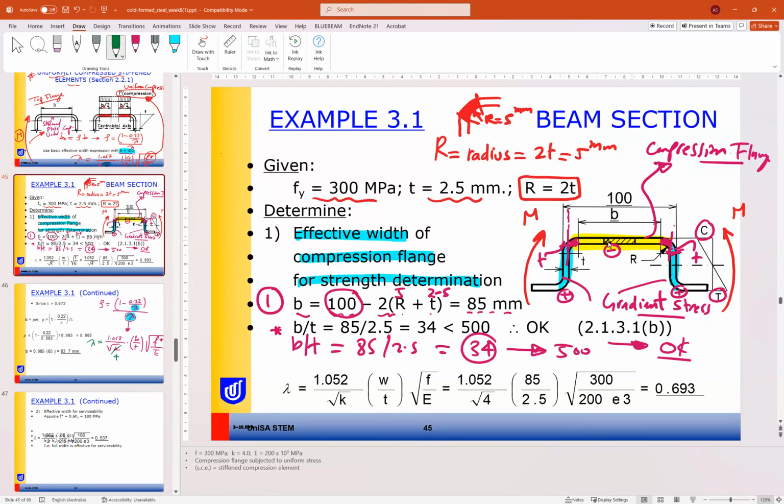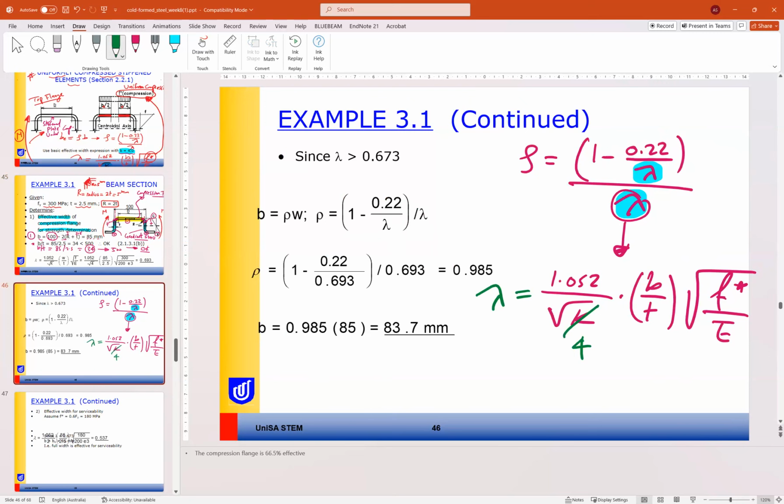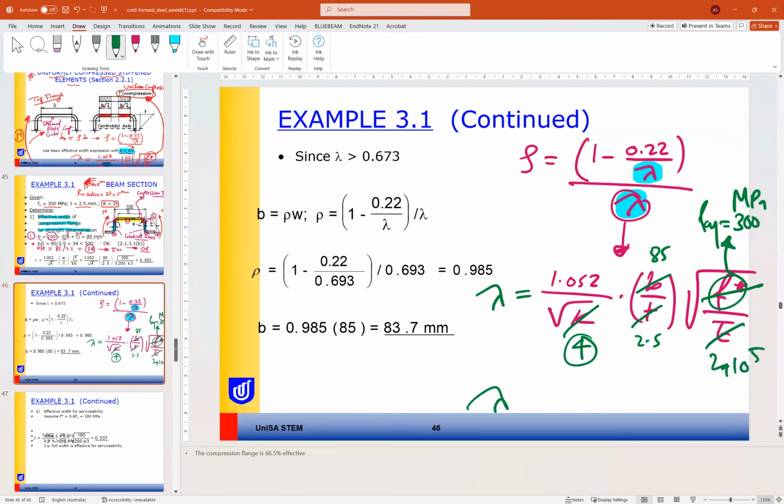Because it is a stiffened plate under uniform stress. b is 85, t is 2.5, f asterisk is yield strength equal to 300 MPa, E is 2 times 10 to the power 5. So lambda for this plate is equal to 0.693.